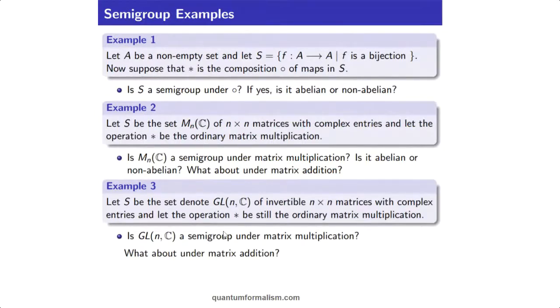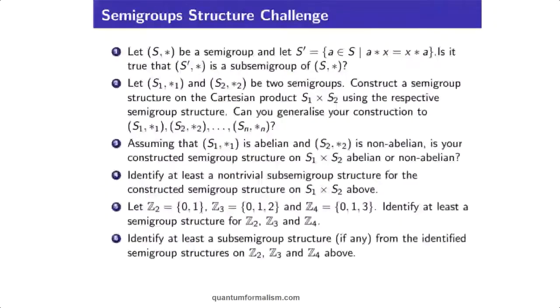I'll just go through this like a challenge that I have for you. Suppose that S with operation star is a semigroup, and let's define the set S prime to be the set of all the elements of S that commute with all the elements X. I missed something here, but you get the picture.